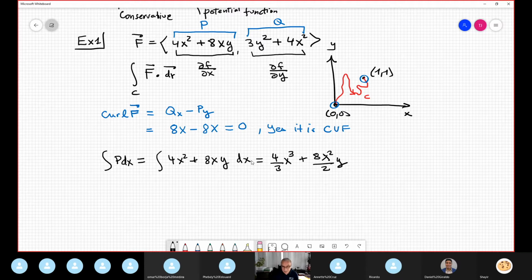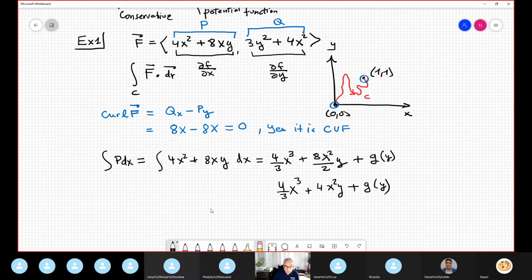I want to illustrate this idea: you have another function, g, depending on the variable that you didn't take the antiderivative of. When you differentiate backward, this is 0 because you differentiate with respect to x. A little bit of simplification: 4/3 x to the cubic power plus 2 x squared y plus another completely arbitrary function depending only on y.